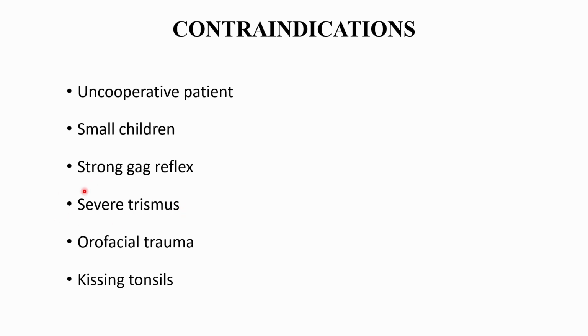If a patient has trismus, because if the patient is not able to open the mouth, then it will be very difficult to introduce the mirror. Any patient with orofacial trauma or kissing tonsils, as we have to go behind the uvula. If there is no space due to the area occupied by the tonsils, then mirror examination will not be possible.